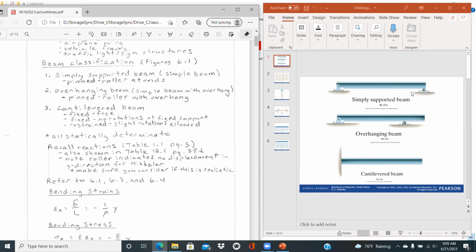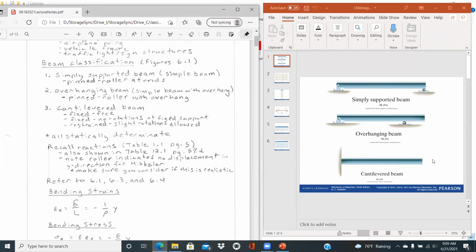An overhanging beam is pinned, has a roller, and then overhangs from there. A cantilevered beam is fixed on one end and free on the other. So it's good to be able to see those figures in relation to the classifications.